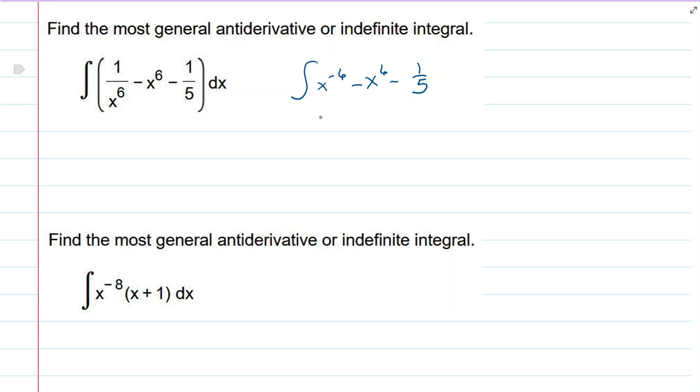Adding and dividing. And again, they're saying most general.